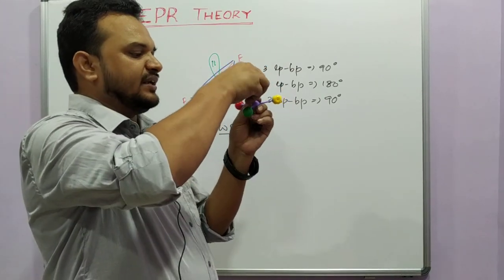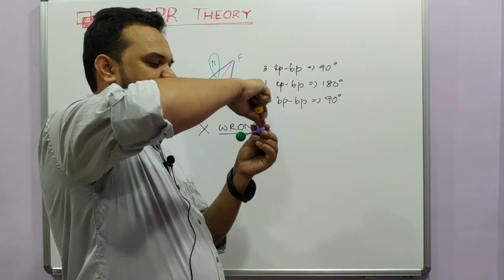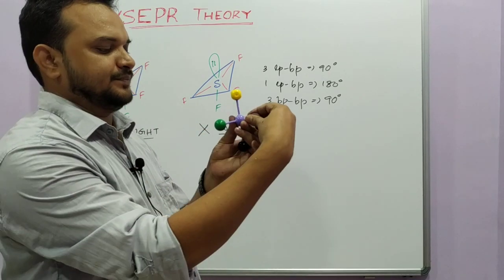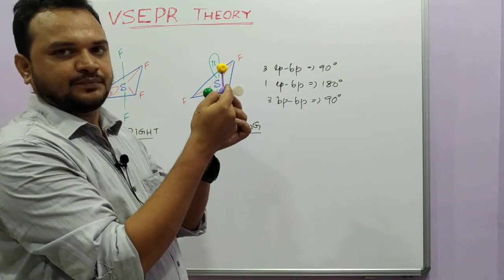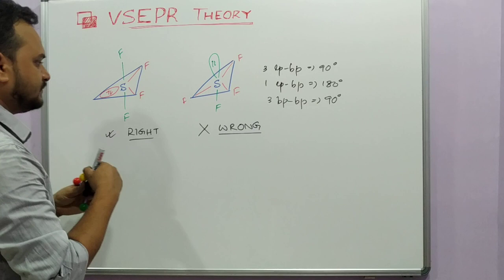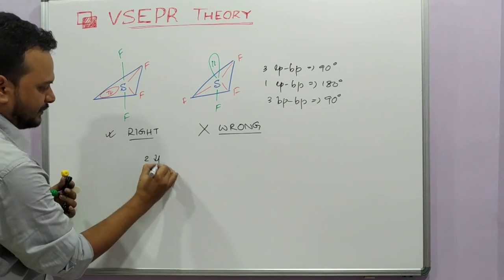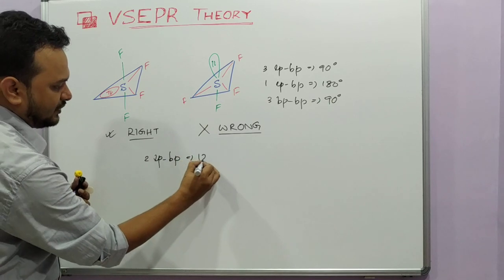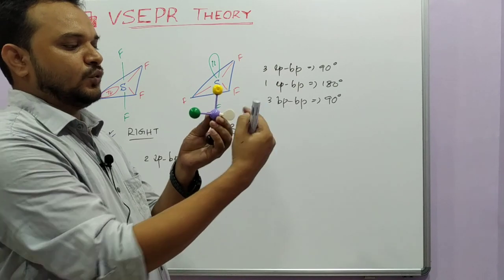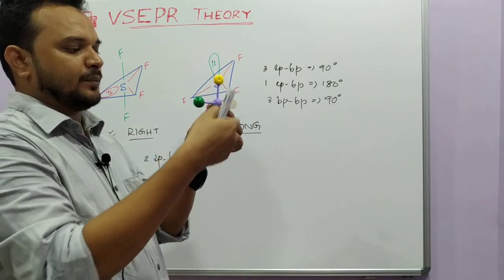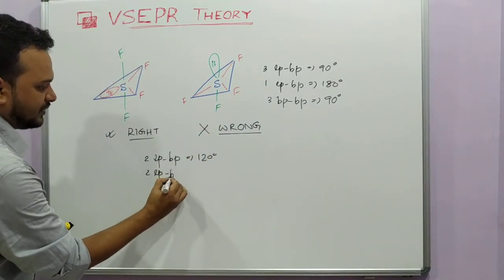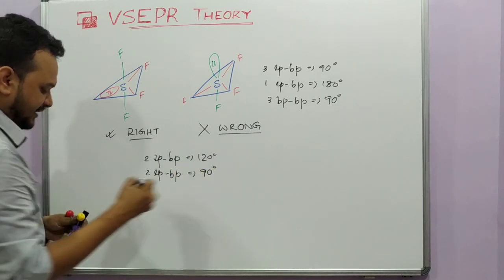Now if I place this lone pair at equatorial position like this, this angle is 120 degree. That means I have 2 lone pair bond pair repulsions at 120 degree, that is the lone pair repelling with the 2 equatorial fluorine, and 2 lone pair bond pair repulsions at 90 degree.